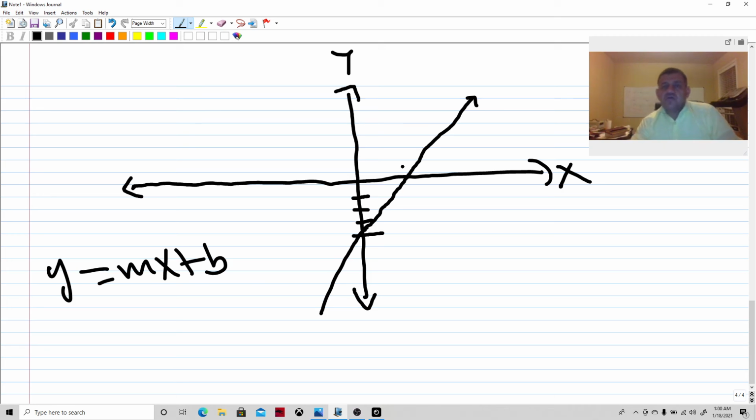Okay, so that will be the line. That doesn't look very good, especially this piece over here. But the bottom line is this will continue just like that. Okay, that looked better.